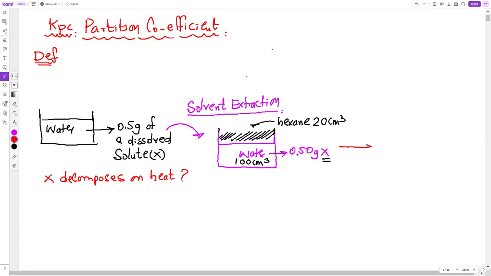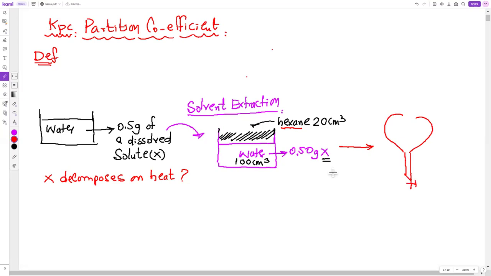Right? Yes, sir. So what we did, we selected a solvent that is not miscible with the original solvent. The original solvent was water. Then we will shake this solution in a container, like a separating funnel, a kind of container usually available in the lab.